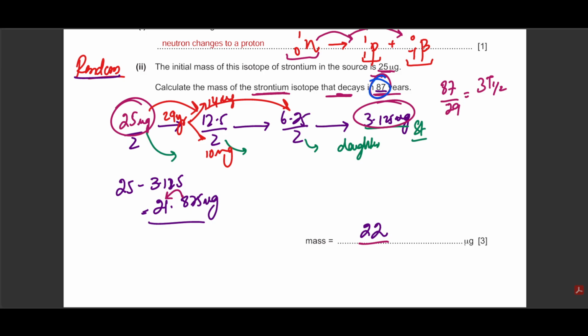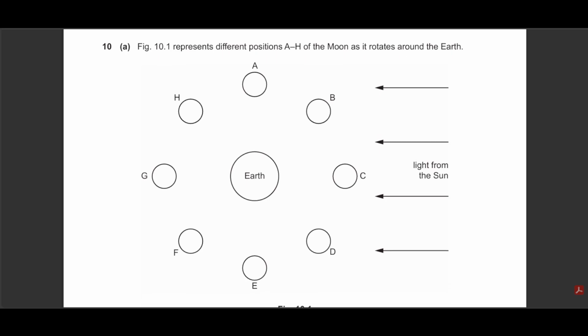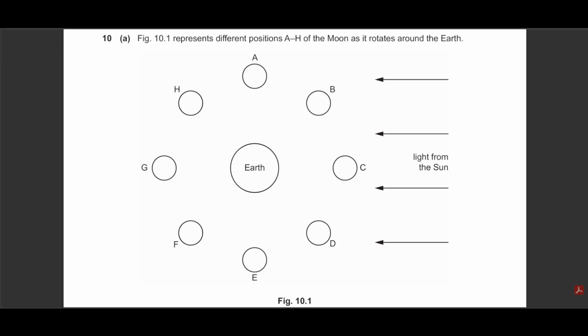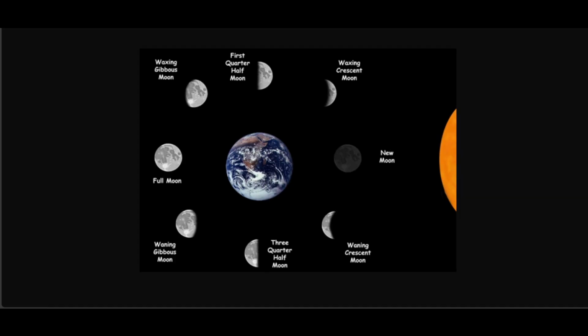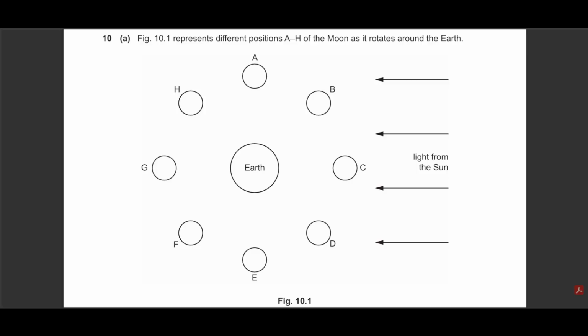Question number 10. Now, to help with question number 10, I've added an image over here so that you can color this. Opposite from the popular belief, this will be dark, because we are not able to see the moon when it is directly between the sun and us.